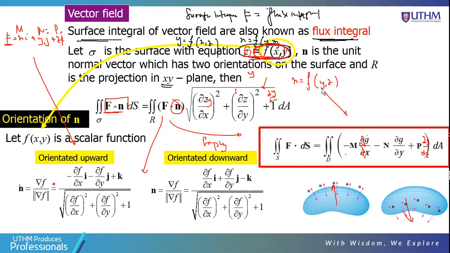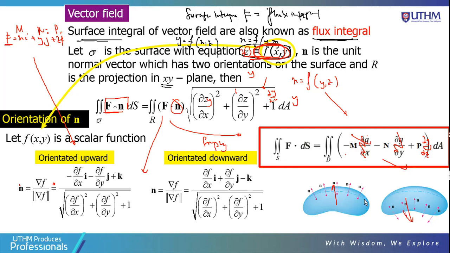Just an example. That's the way for the surface with the equation. So it depends on the surface equation. If z, this formula. If it is in the form x equals something, you can change in this term.